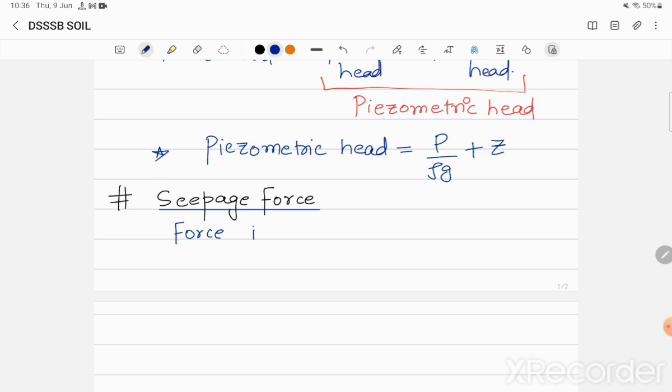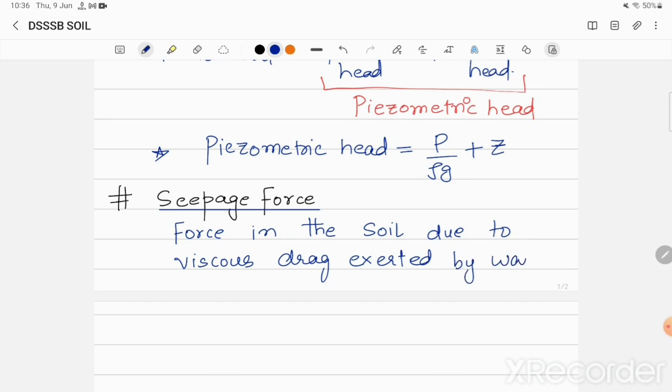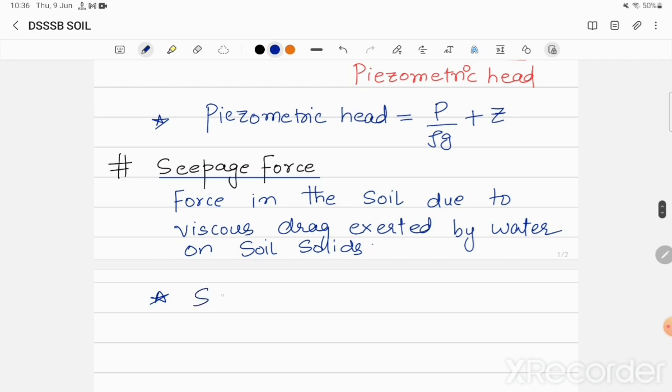Force in the soil due to viscous drag exerted by water on soil solids. Again, seepage force always acts in the direction of flow.